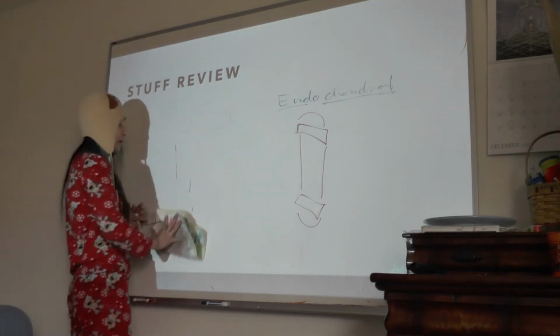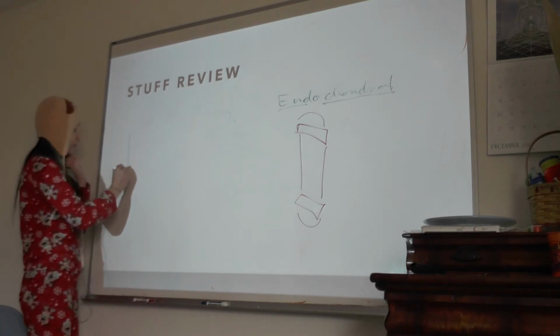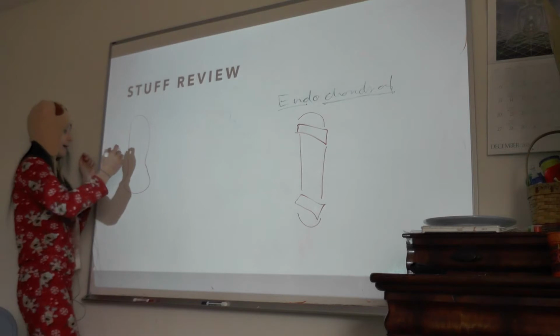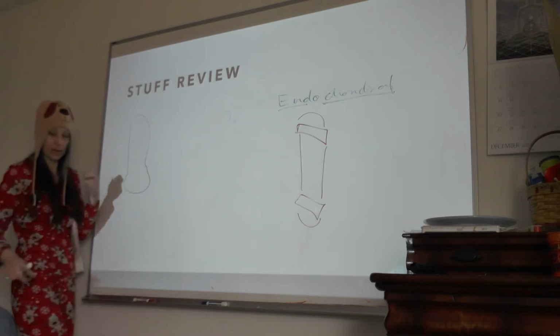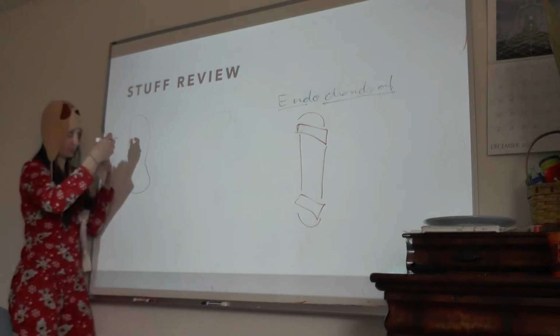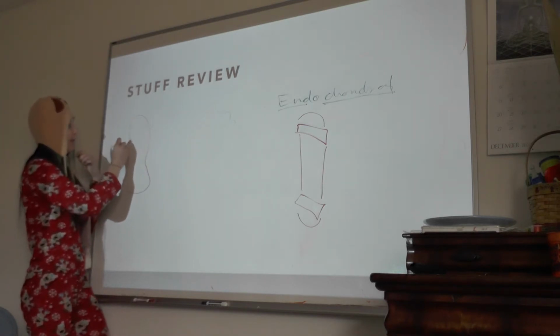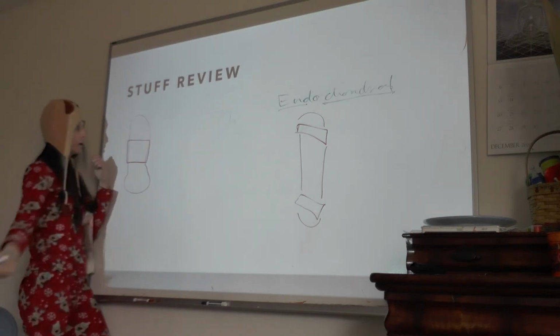So we start in utero with a hyaline cartilage model of the bone. It looks something like the bone is going to look, and you'll see just this connective tissue, mesenchymal membrane first, and then that will form into our hyaline cartilage. And then around our hyaline cartilage, we'll see the development of this bone collar.